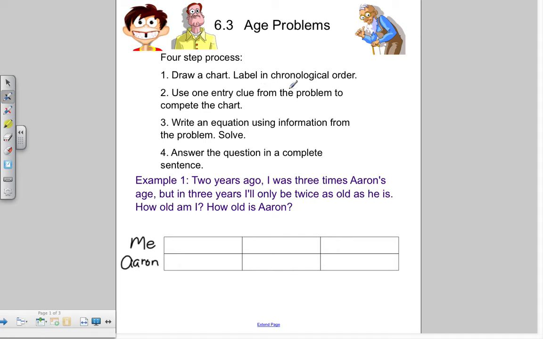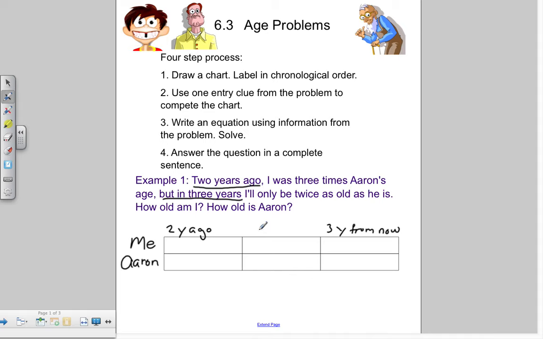Okay, on the top, I'm going to label the time, so I need to think about what this clue says here, the label in chronological order. I'm talking about 2 things, 2 years ago and in 3 years. Okay, so 2 years ago is the past, and 3 years is in the future, 3 years from now.